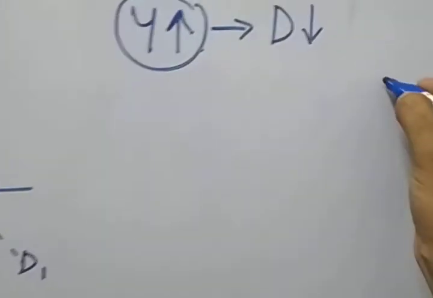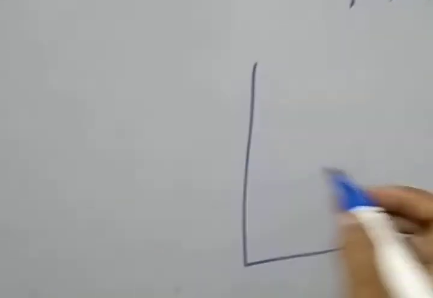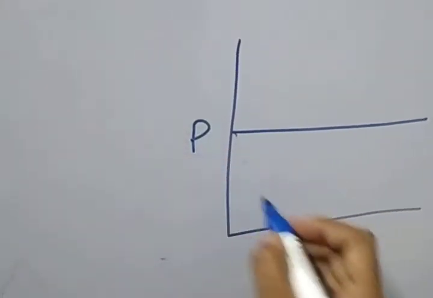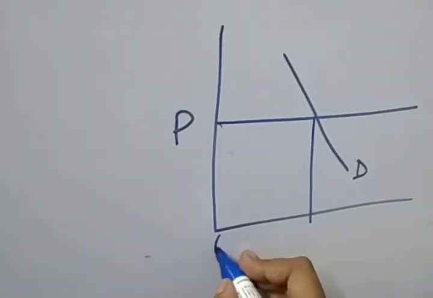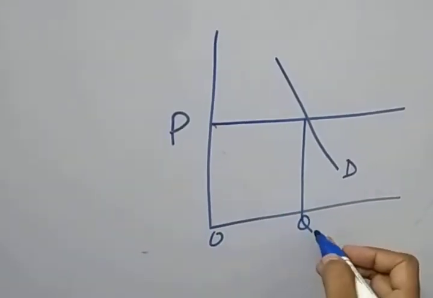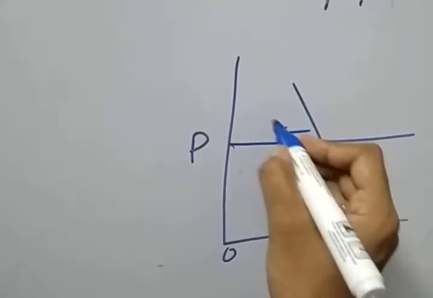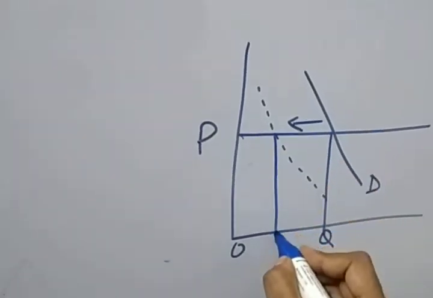Similarly, if the income of the consumer increases, and the price of the commodity is the same, the initial demand curve is D, the initial quantity is OQ. If the income of the consumer increases, he will reduce the consumption of the inferior good. Why will he reduce it?